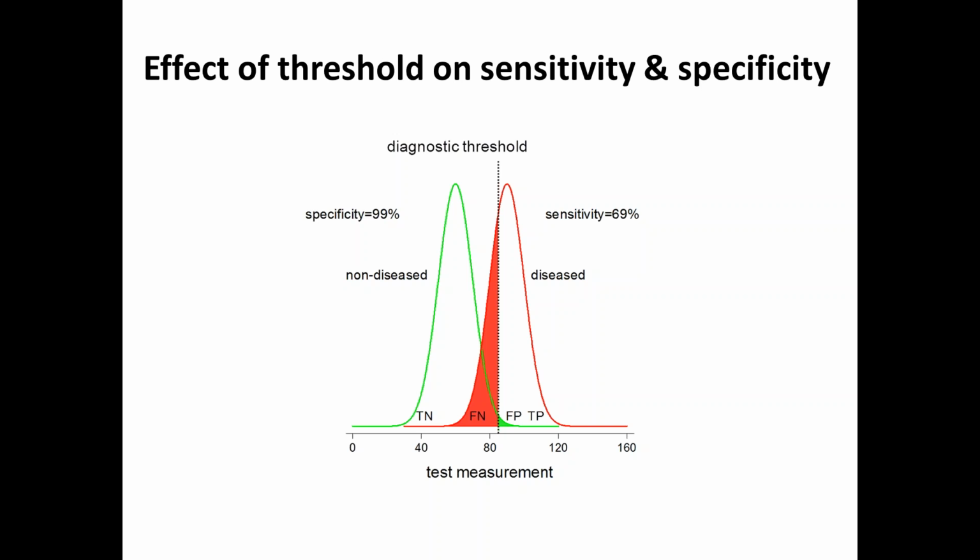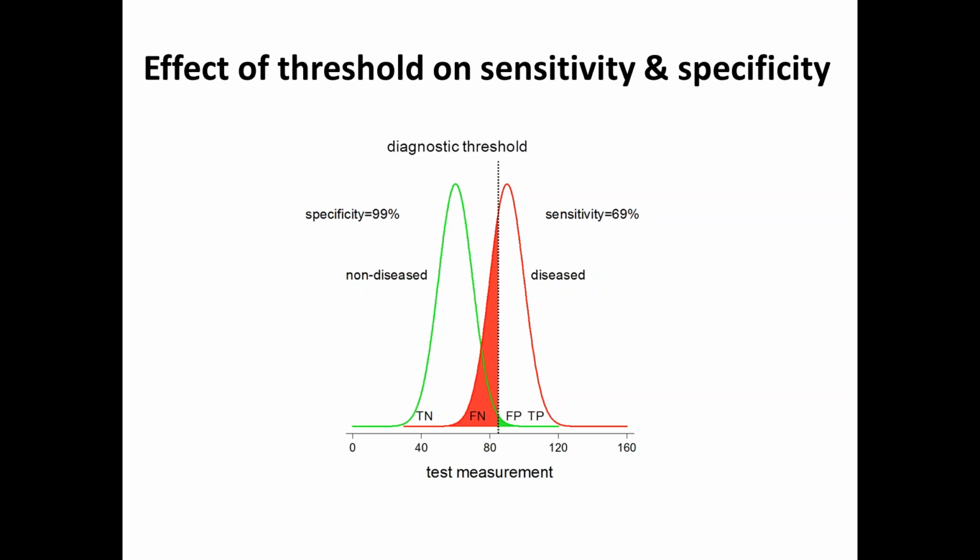That might be some sort of classification scheme applied to how you grade images, where if you have a low suspicion of disease when you view the image, you say there's no disease, and depending on what you see on that image, you may have a high level of suspicion of disease. So there's some sort of ordinal category there. And again, you need a threshold to dichotomize into those who have and don't have the disease.